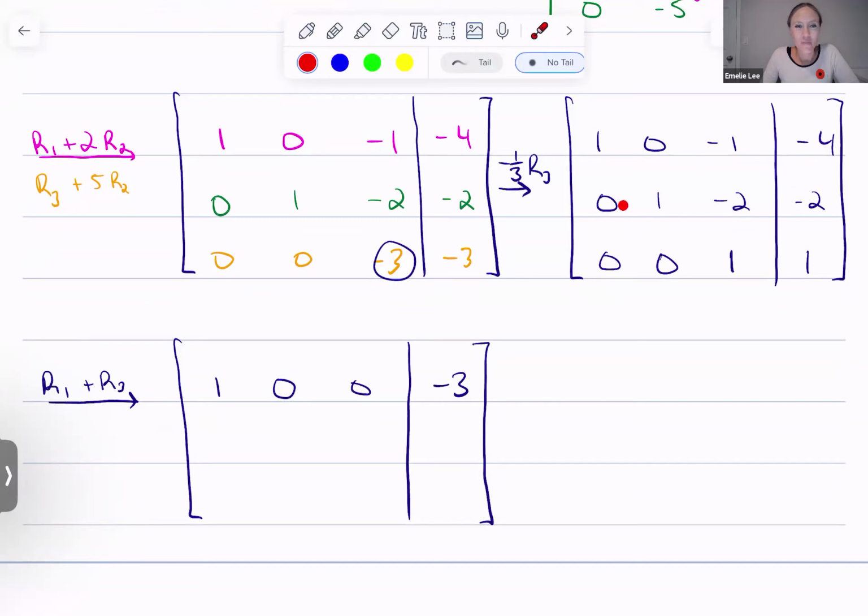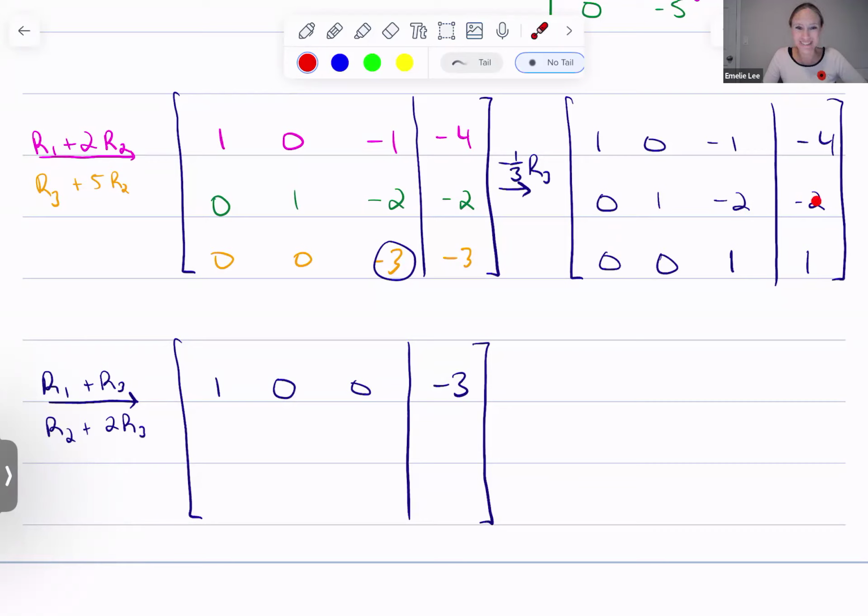Same thing with row 2. To eliminate -2 and turn it into 0, I'm going to add 2 of row 3. So row 2 plus 2 times row 3. 0 plus 2 times 0 is still 0. 1 plus 2 times 0 is still 1, so that's nice. And then -2 plus 2 times 1 makes 0.